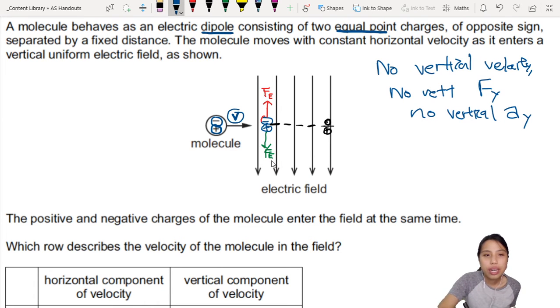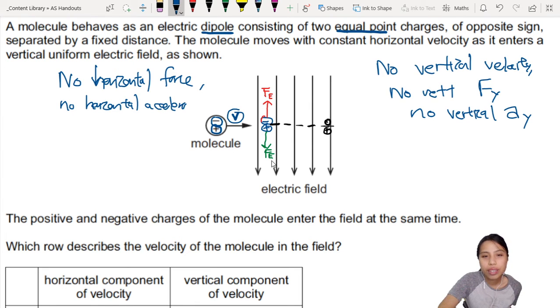So I should mention, there is no horizontal net force, I should say, but no horizontal force. So there's no horizontal acceleration, left to right, nothing. So it'll just keep at the same velocity as before. It enters with the same velocity, it exits with the same V.